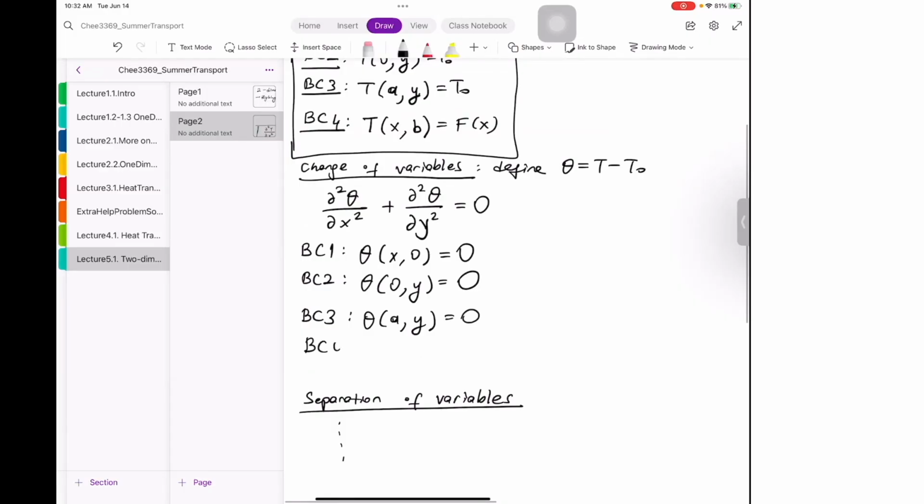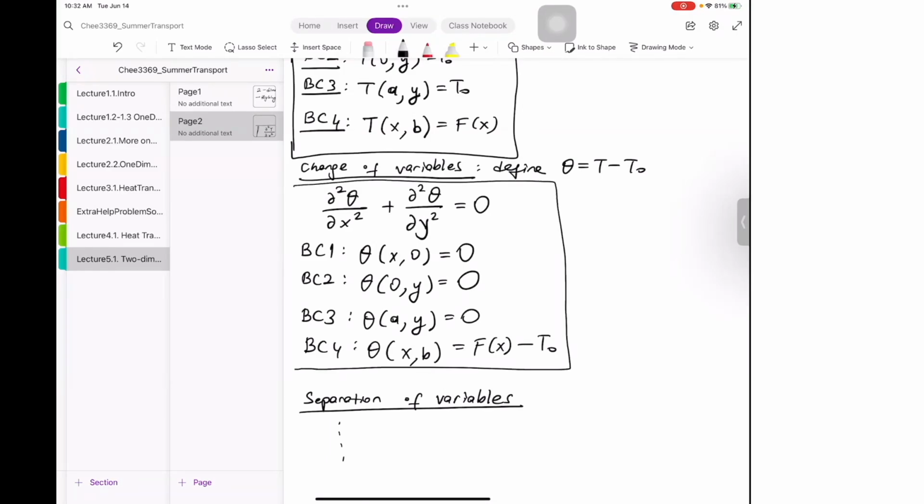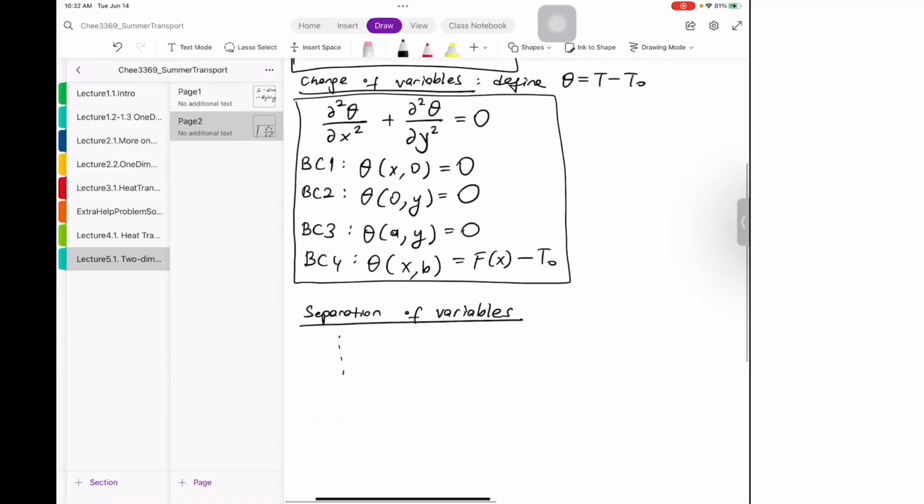And boundary condition 4: theta at x comma b is equal to f of x minus T0. Okay. So I have this governing equation and these boundary conditions instead. Simpler ones. Any questions so far?